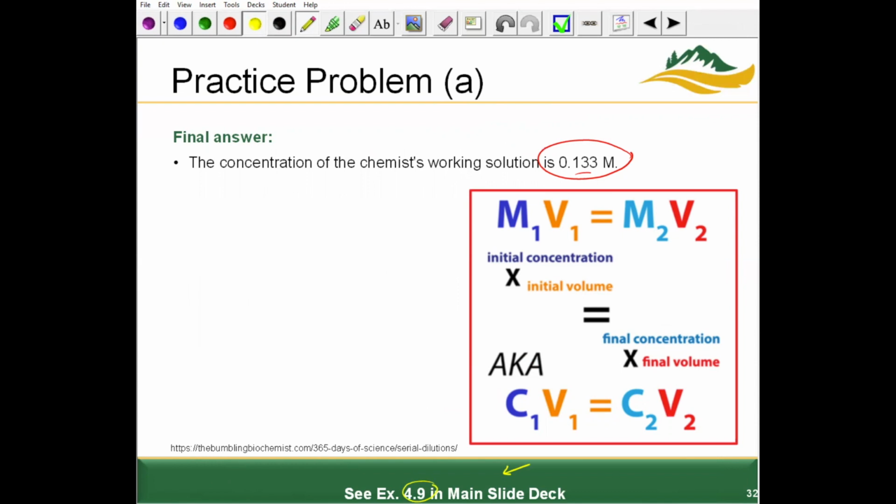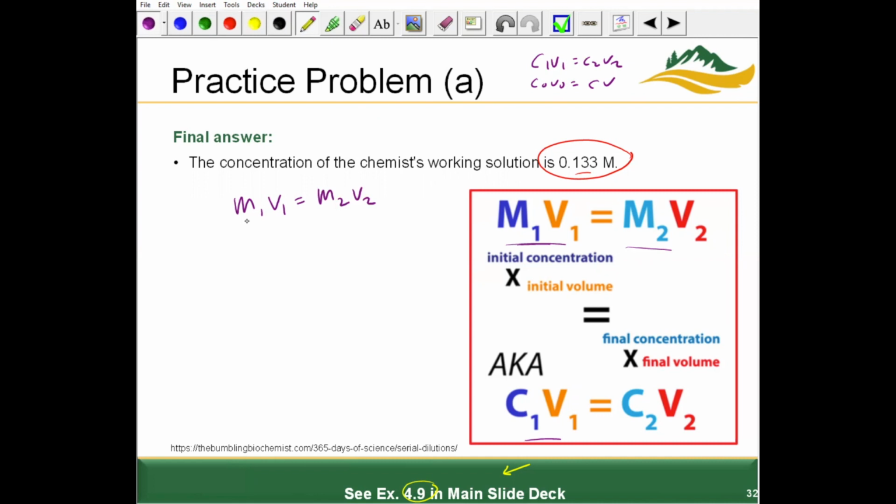There are additional practice problems as well in the main slide deck on molarity. Molarity, again, is a really important concept in chapter 4. Before we go on to the next topic, I'm going to introduce yet another way of noting the C1V1 equals C2V2 or C0V0 equals CV. What I prefer to use is actually M1V1 equals M2V2.